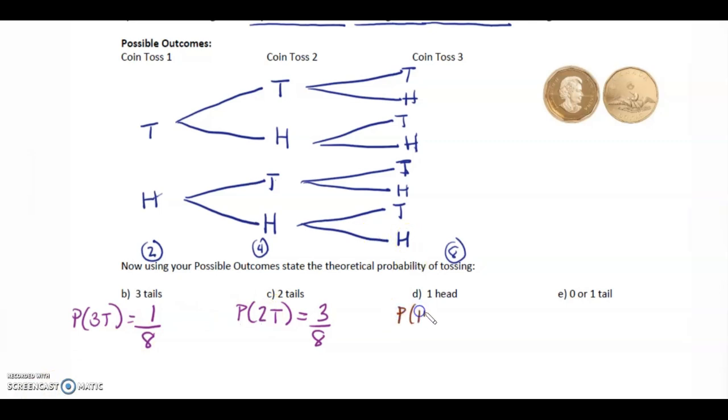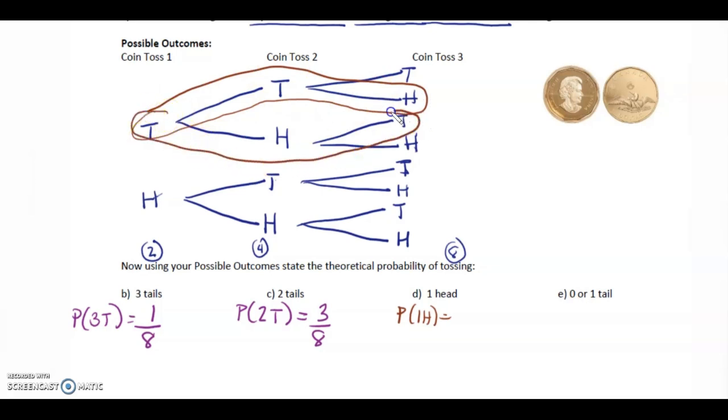Okay, so the probability of 1 head. Okay, so tails, tails, heads, that would be 1 head. And then tails, heads, tails, that's also 1 head. And I'm looking, tails, tails, tails, there's no head. Tails, heads, heads, there's 2 heads, so that doesn't work. So on the top portion, we have 2 outcomes.